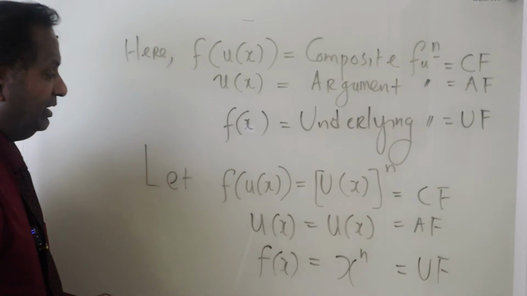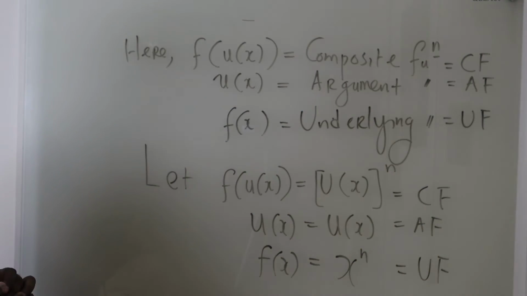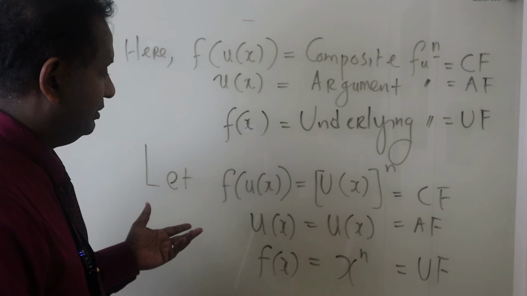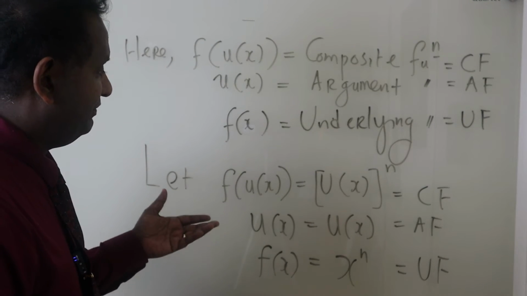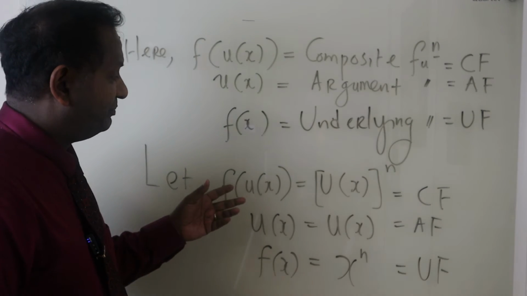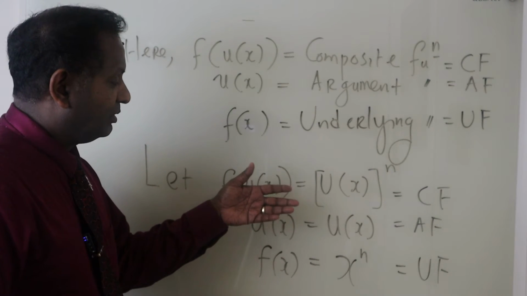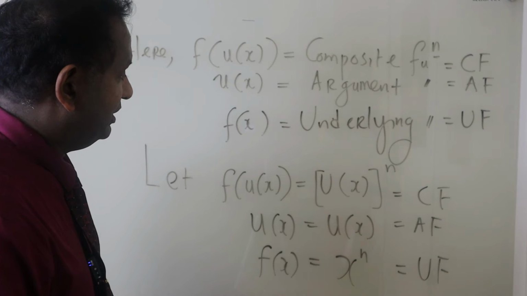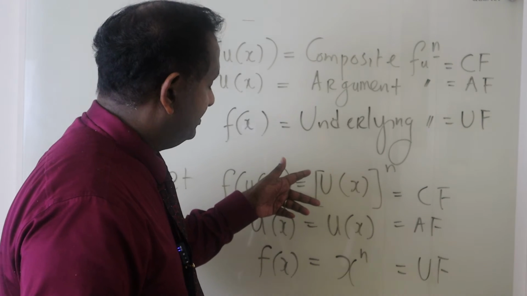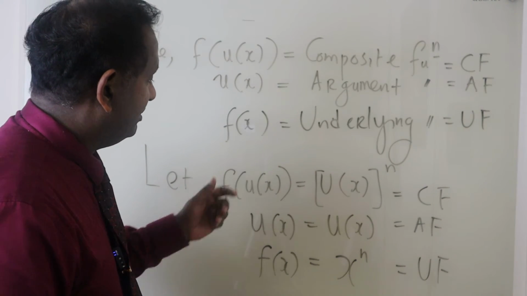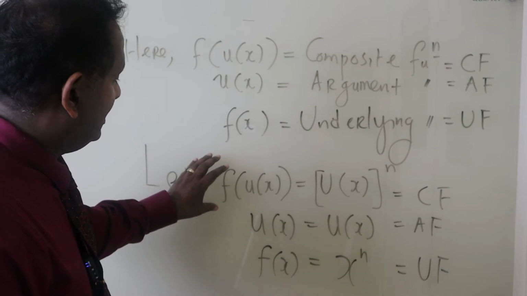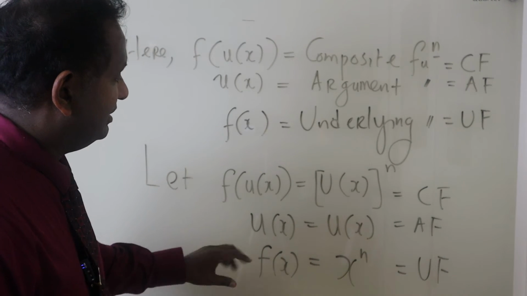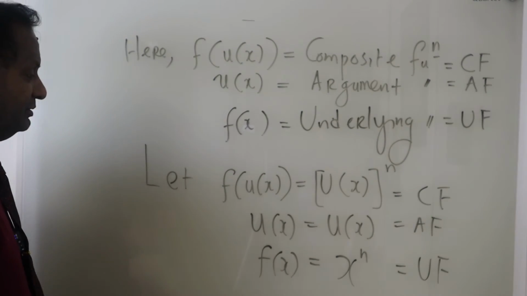See, in our most general case, all these three components, that is CF, AF, and UF, have been replaced by the corresponding components of the argument function, composite function, and underlying function.